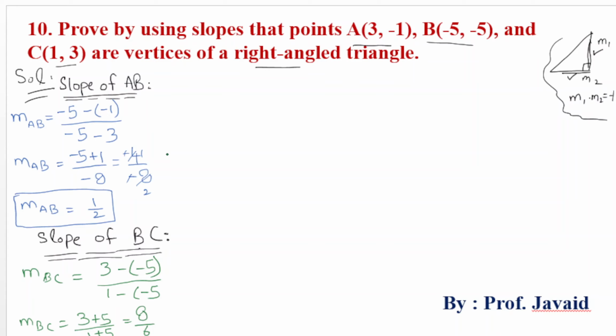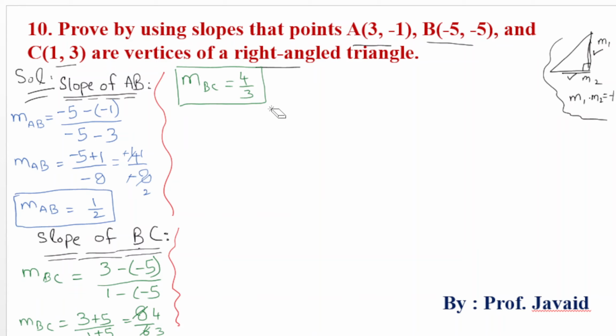After simplifying, 2 fours are 8 and 2 threes are 6, so the slope of BC equals 4 by 3. I think, my dear students, you understand this.